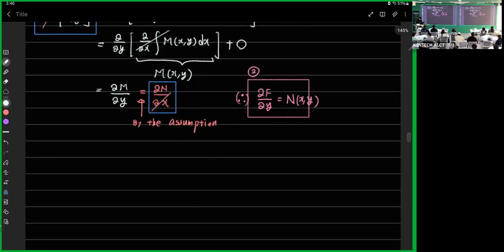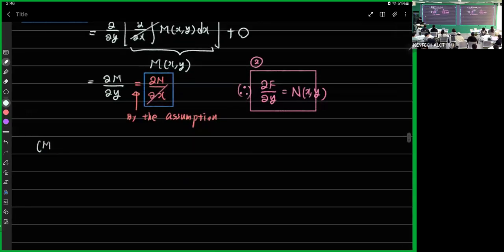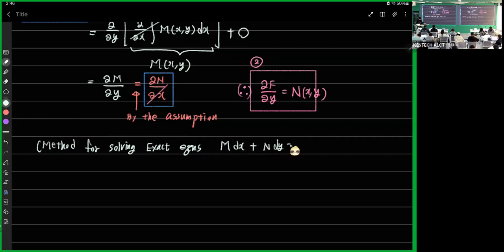Okay. So here's a methodology. This is in a textbook, by the way. The method for solving exact equation M dx plus N dy equals 0. Step one.